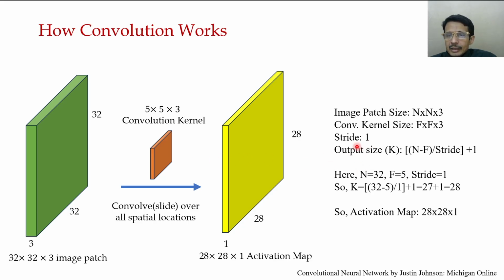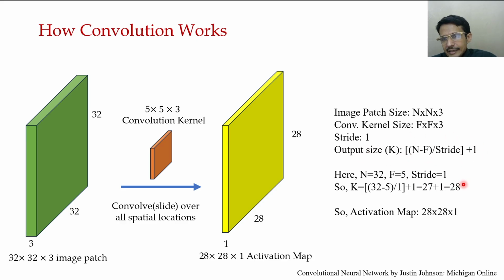So how do we get the output size? It is n minus f divided by stride, plus 1. In our case stride is 1, so n minus f is 32 minus 5, 27, divided by 1, 27, plus 1. This is the formula for deriving the output size.